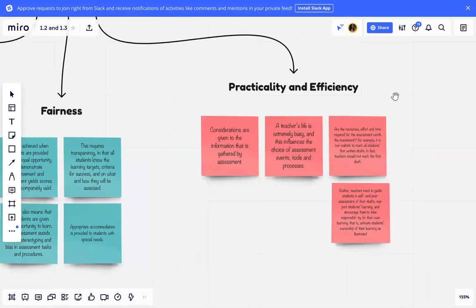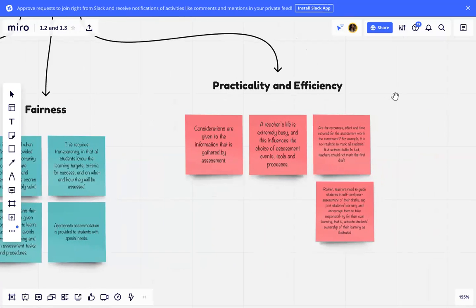The next one is practicality and efficiency. These are the resources, effort, and time required for the assessment, taking into consideration the feasibility of the circumstances. Teachers in this part need to guide students in self and peer assessment of their drafts.